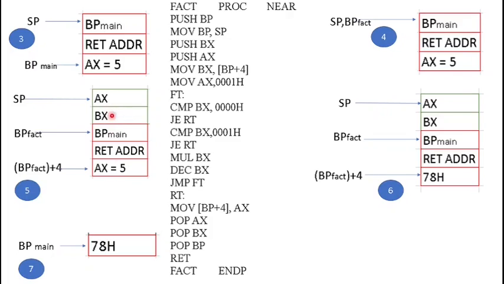Now we know that our current stack frame is sitting on top of the stack frame of the main function. Now we need this value 5 to be used within the factorial function.